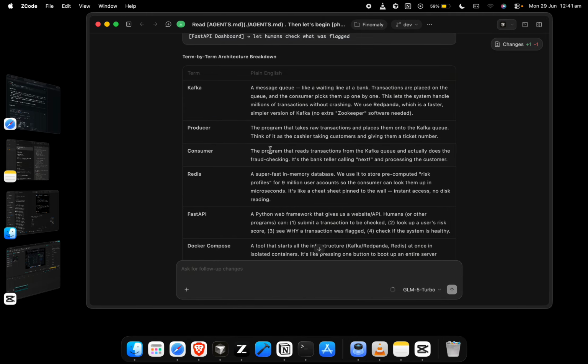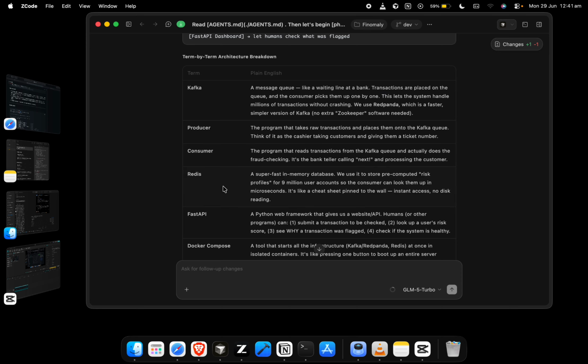The consumer is the program that reads transactions from the Kafka queue and actually does the fraud checking. So it's the bank teller calling next and processing the customer. The queue works as first in, first out, FIFO, so the first entity in line gets checked before the next.